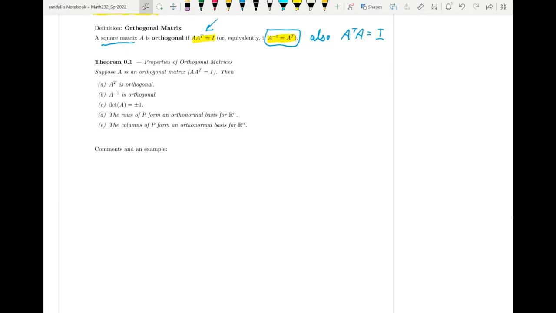Let's look at these properties A to E. Some properties I want to remind you of the transpose, because it's appearing here. Remember, if I take the transpose of a product of two matrices, I get the product of the transposes, but in the opposite order. Here A and B are just any n by n matrices of the same size. And also there's a relationship between the transpose and the inverse of a matrix.